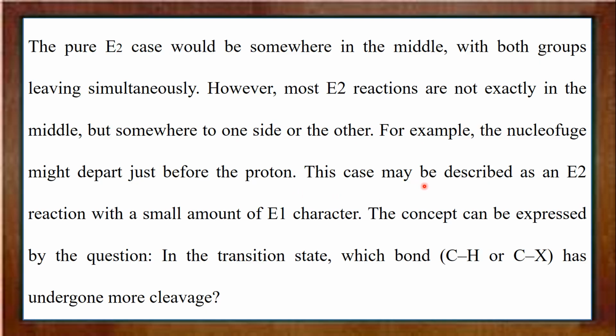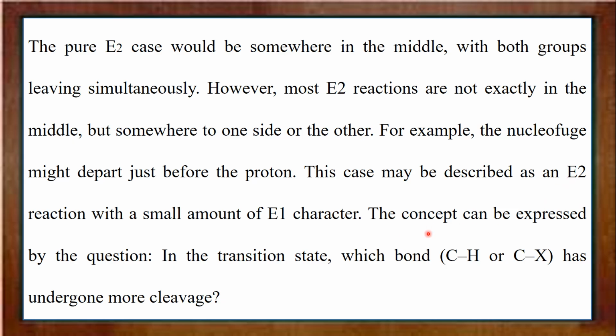This case may be described as an E2 reaction with a small amount of E1 character. In another case, the proton may be eliminated a little faster than the nucleophilic leaving group, and that is considered an E2 reaction with a small amount of E1CB character.